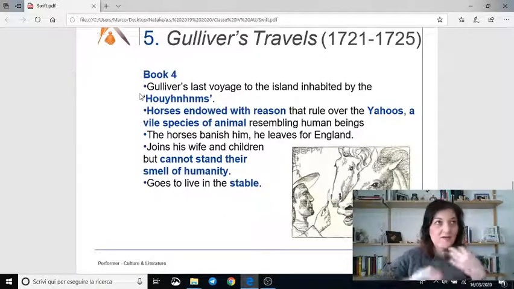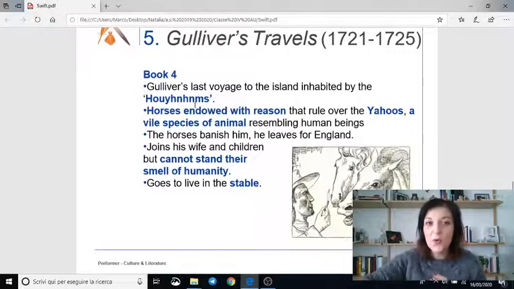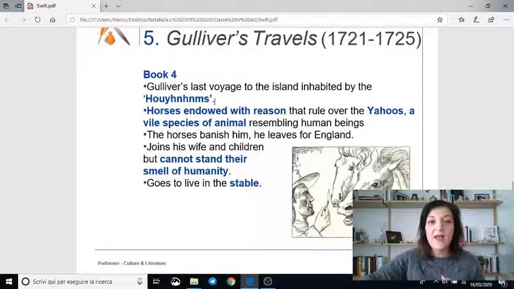Okay, also here the sound is very difficult, but you can call them the Hoyums, and it is the island inhabited by horses, by clever, intelligent horses, which are endowed with reason, which are endowed means sono dotati di. They have got reason.